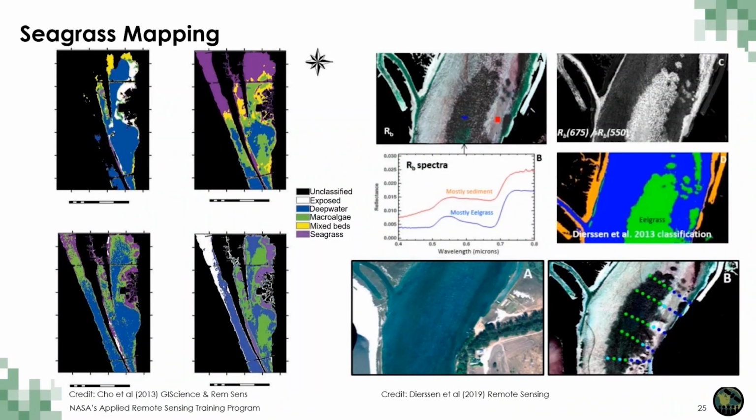Now, quite frequently, seagrass meadows represent a mix of seagrasses and macroalgae, mostly brown algae. The spectral limitations of multispectral data often do not provide for the differentiation of these shallow water benthic components.